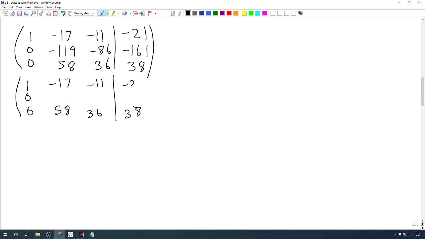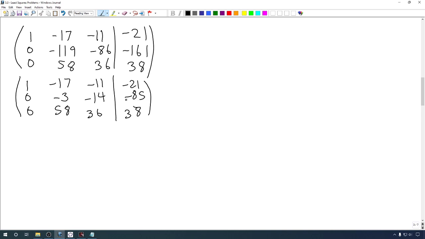But it's going to change the negative 119 to a negative 3. So I just added 2 times 58 to the negative 119, and it became a negative 3. And then we also get a negative 14 here, and a negative 55.